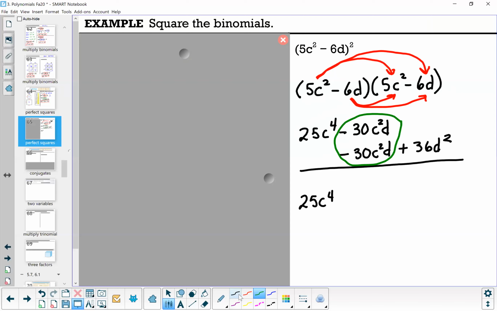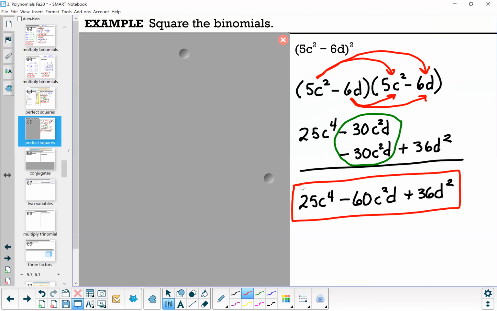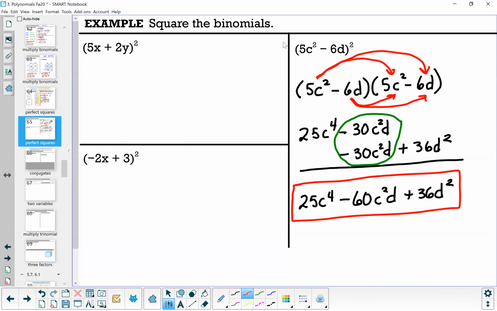We have two of them, so we're going to end up with negative 60c squared d, and then plus 36d squared. That's my answer. My answer is a perfect square. All right, now your turn. I want you to try these, and then we'll do them together.